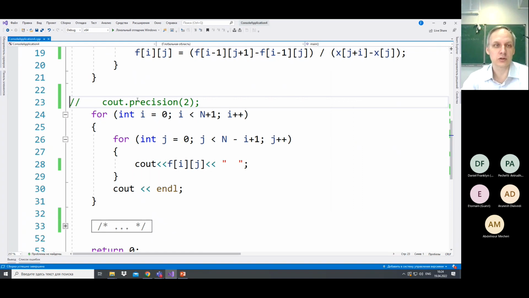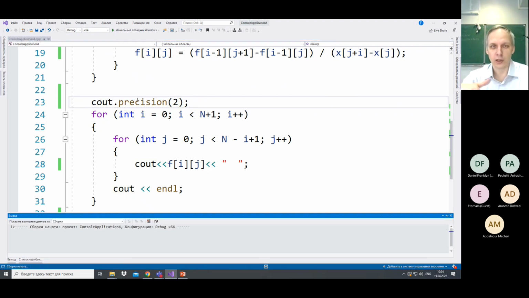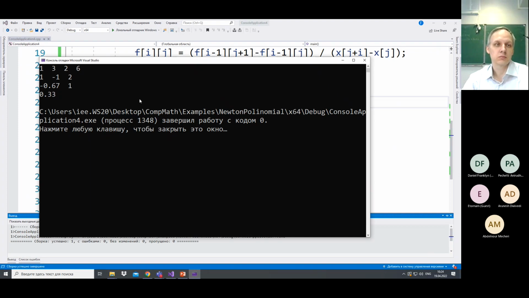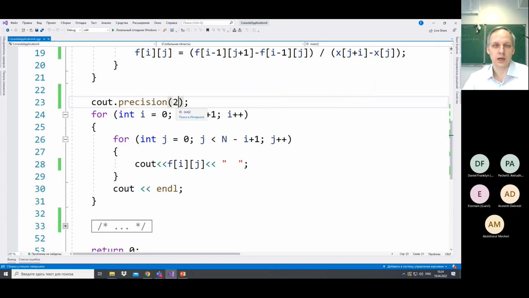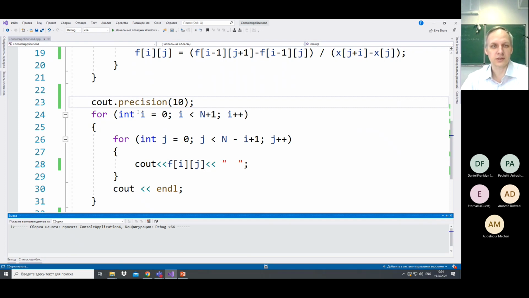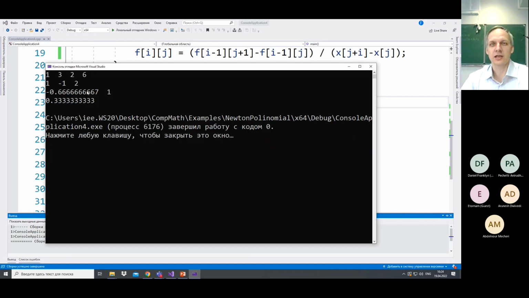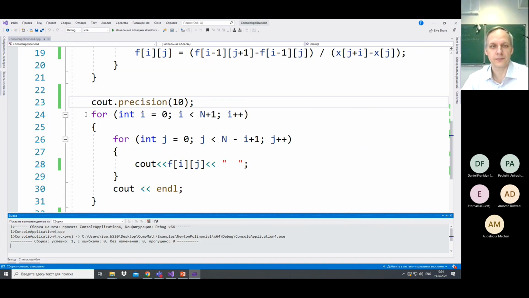But if I want to output more or fewer values, I should use cout precision. I want to output just 2 values. If I want to output 10 values, cout precision 10, and we see 10 digits after the point.